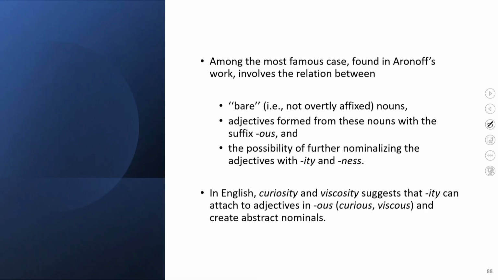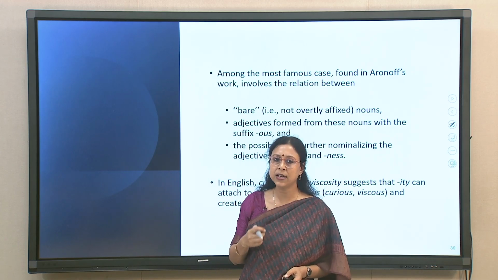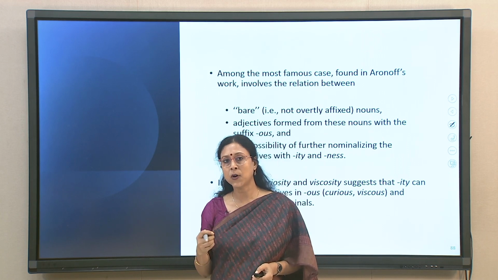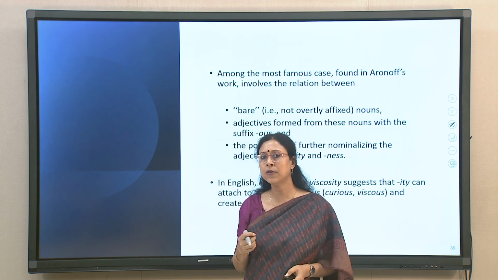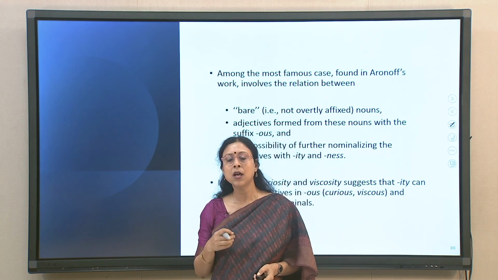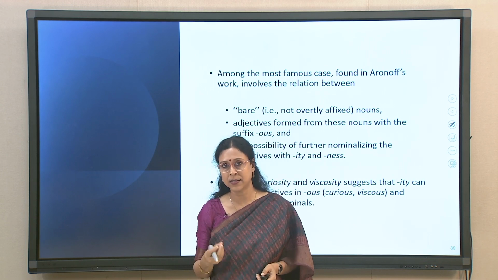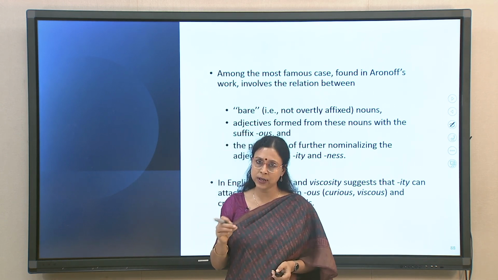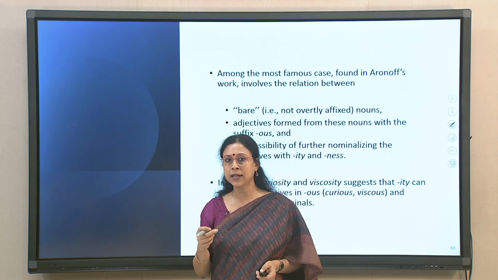Among the most famous cases, we have to go back to Aronoff's work all the way to 1976. There he discussed in detail the idea of blocking in terms of a relation between a bare form of the noun, by which he means the root form, the one which has no affix attached to it. So, go is the bare form for going, like that.